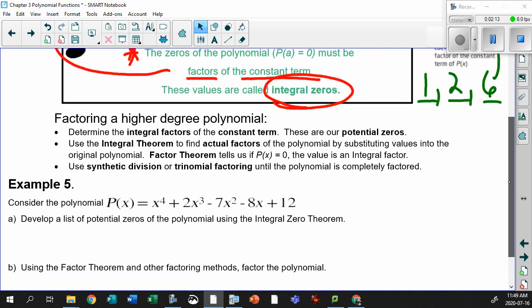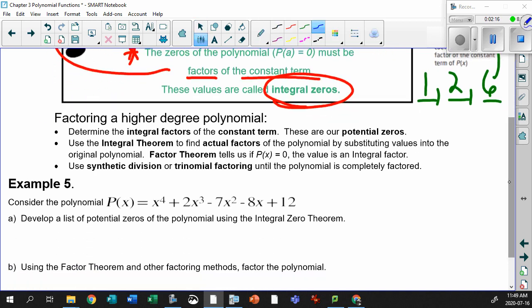It is so cool. So if you're factoring a higher degree polynomial, first you determine what the integral factors are. Look at the constant term. Tell me all of the factors for the constant term. In this case, I've got 12 here. These are potential zeros. Now, notice how I said potential zeros. Well, wait a second.